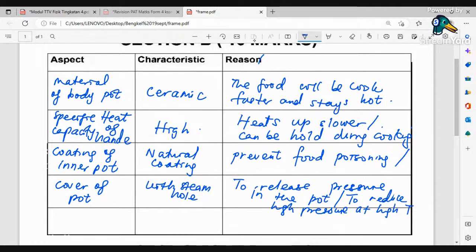Okay, sebab high temperature, high pressure. So kalau you cover without steam hole, maybe you can cause explosions because high pressure. Okay, so release some of the pressure during cooking.